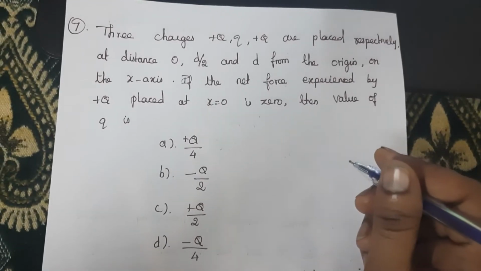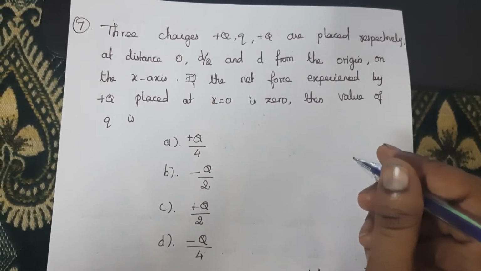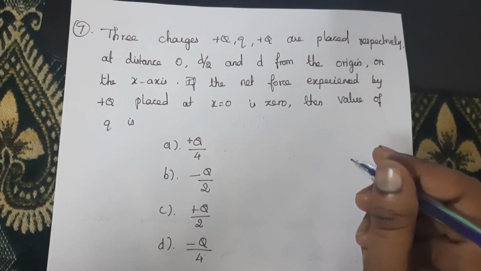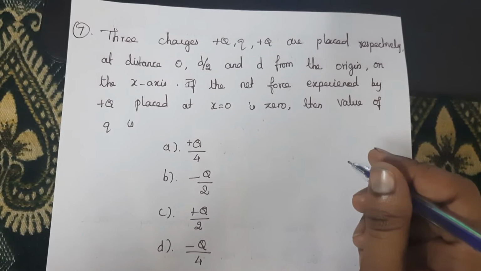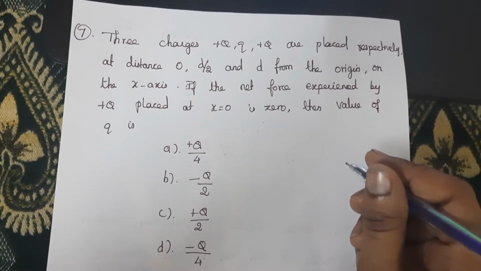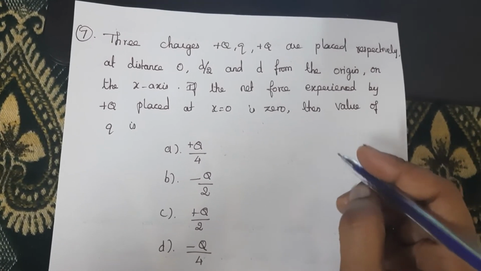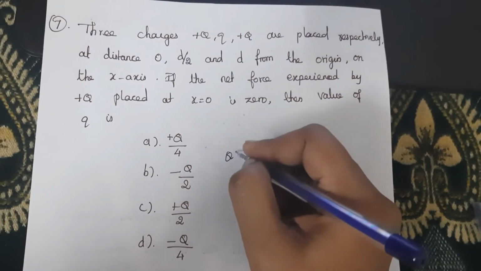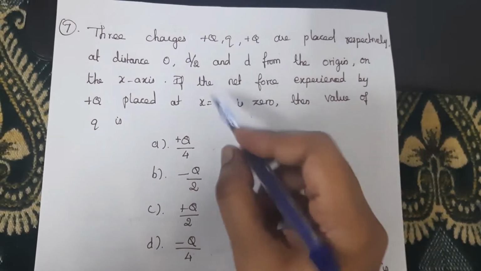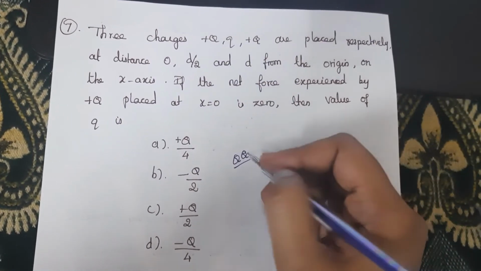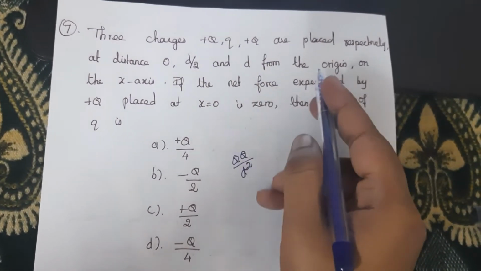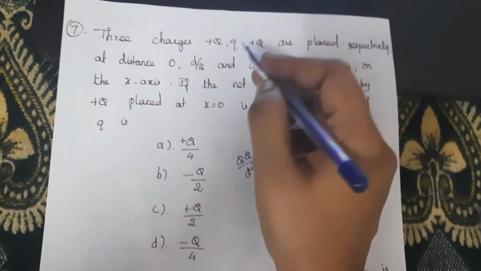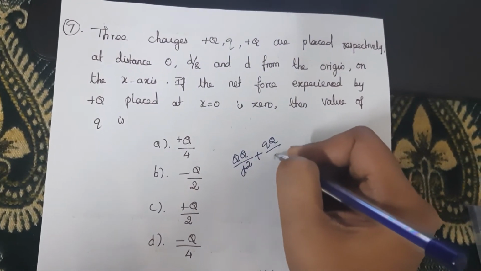Seventh question, 3 charges plus Q, q, plus Q are placed respectively at distance 0, d by 2 and d from the origin on the x-axis. If the net force experienced by plus Q placed at x equal to 0 is 0, then the value of q is. So here this Q and Q, that is the force value, plus this Q and this q divided by d by 2.